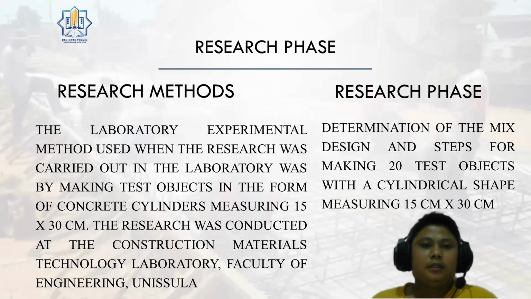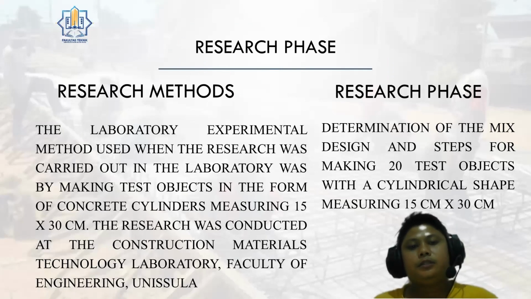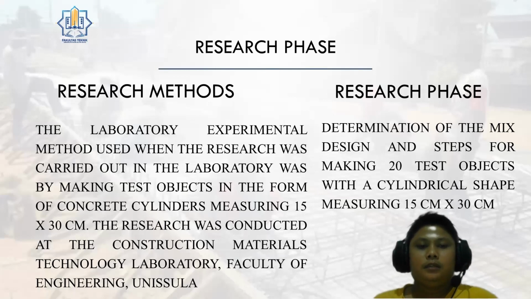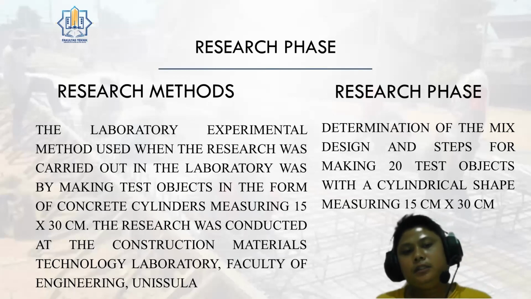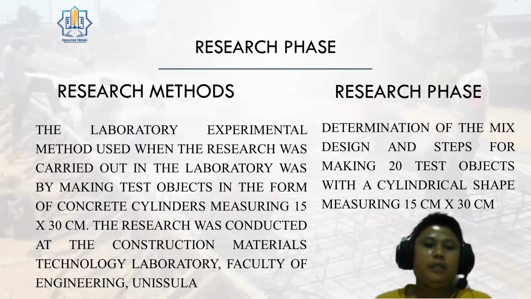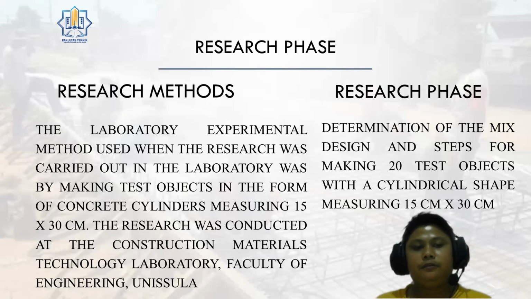Research method. A laboratory experimental method was used, as the research was carried out in the laboratory by making test objects in the form of concrete cylinders measuring 50 centimeters.